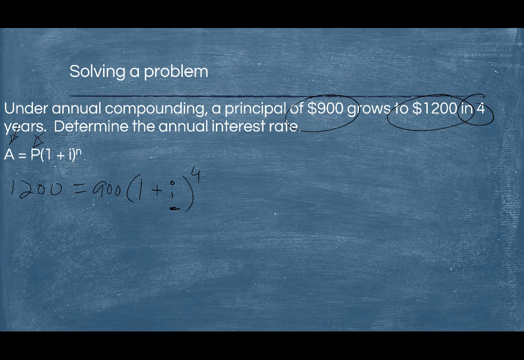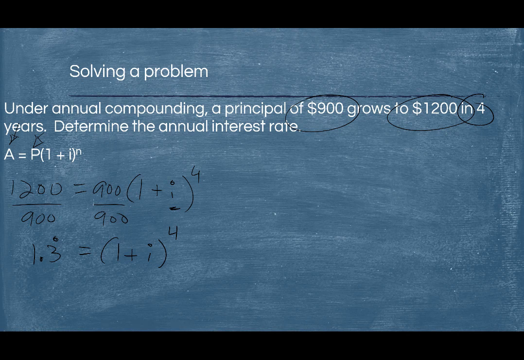So the first thing you have to do is divide both sides by 900. So I go 1,200 divided by 900, and I get a value of 1.3 repeat. I'm going to leave that number on my calculator in case I lose it, so I remember that it's repeating. On this side, I've got 1 plus the interest rate to the power of 4. So what do we do with that 4?